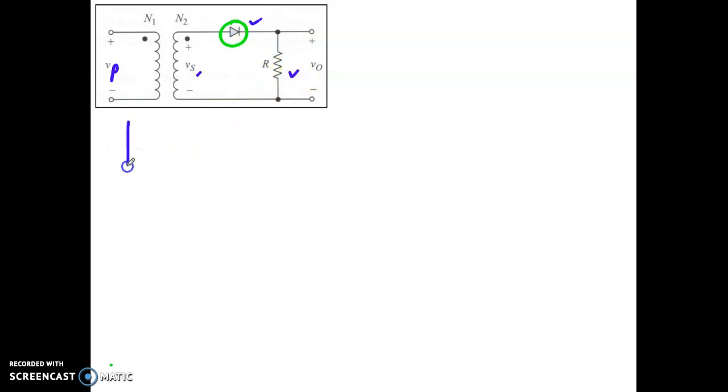So how are you going to solve this circuit? We want to derive the output voltage for your half wave rectifier. The input from the secondary here is a sine wave. Let's start with the positive polarity first. When we're talking about positive polarity, you need to put plus and minus here. So let's have the KVL.